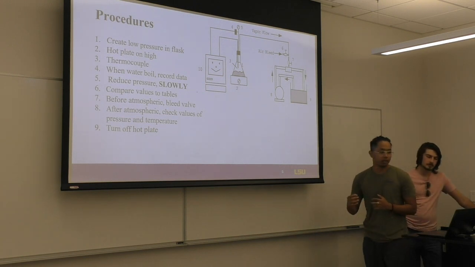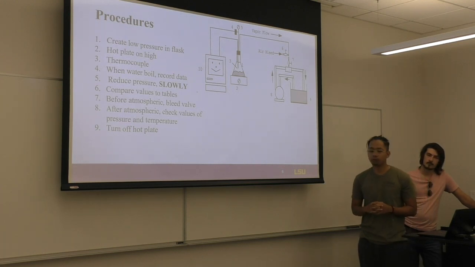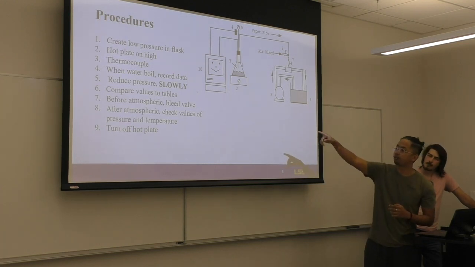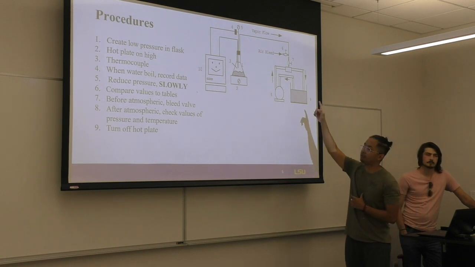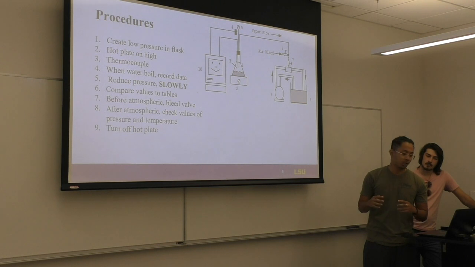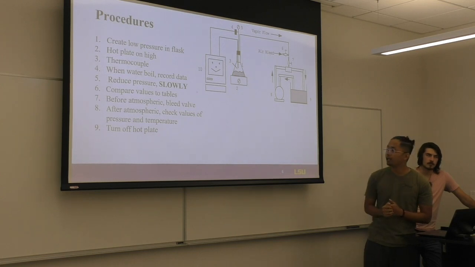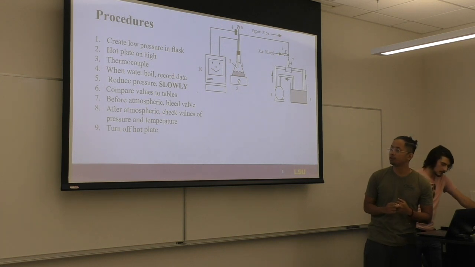And next, when the water starts boiling, we start recording our data. For step 5, we will increase the pressure using the vacuum valve slowly. Slowly is in bold, because if the water stops boiling, you have to start over from number 1. And next, we have to compare our data to the steam tables.